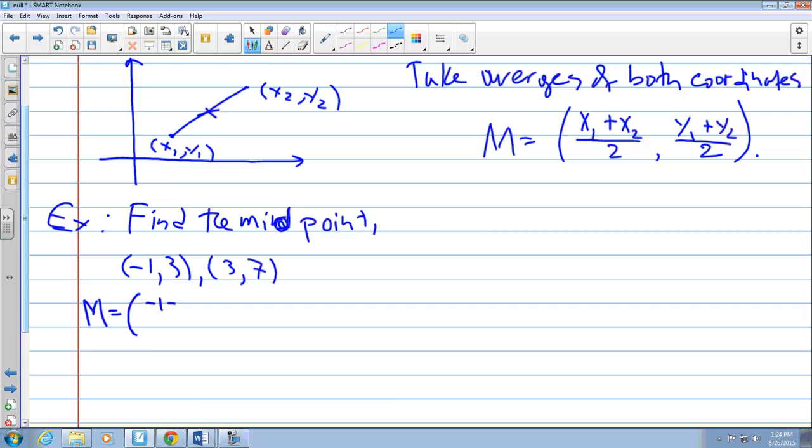So it's -1 plus 3 over 2, and then 3 plus 7 over 2. So what do we get? 1 and 5. Right? So that point is exactly halfway in between the other two. Questions?